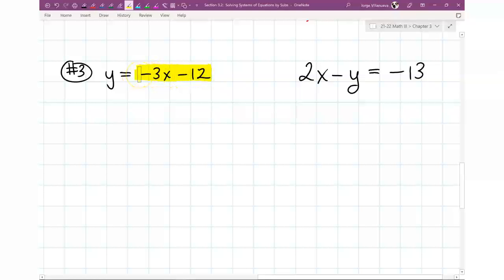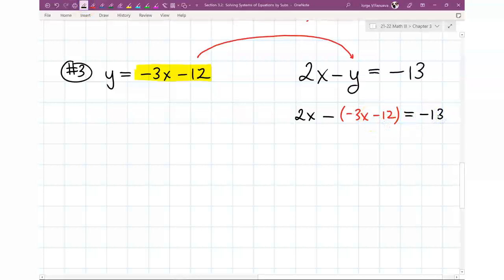Anywhere you see the letter y, you can replace it with negative 3x minus 12. So what I'm going to do is plug that in there. Okay, so check it out. 2x minus negative 3x minus 12 is equal to negative 13.